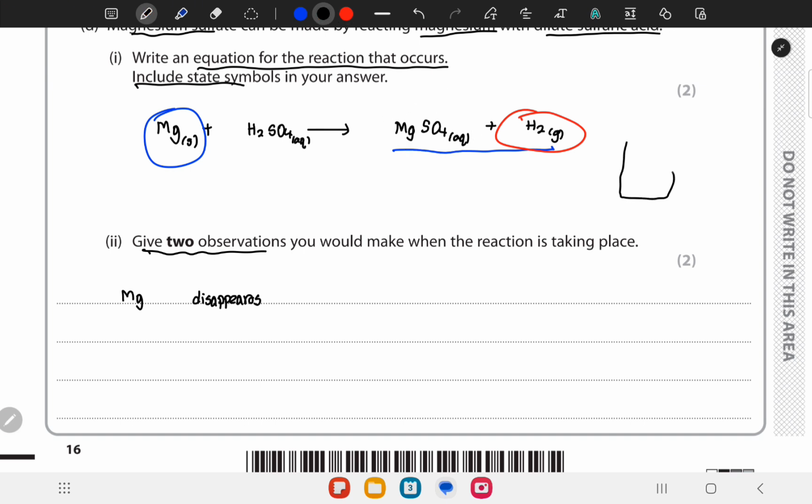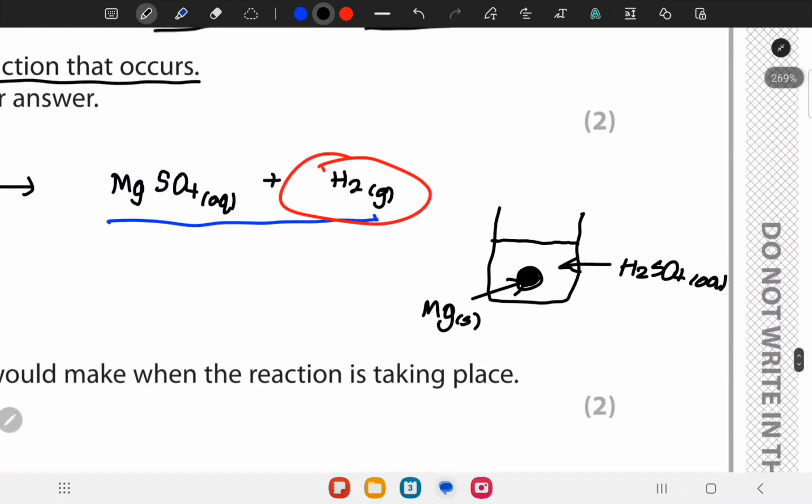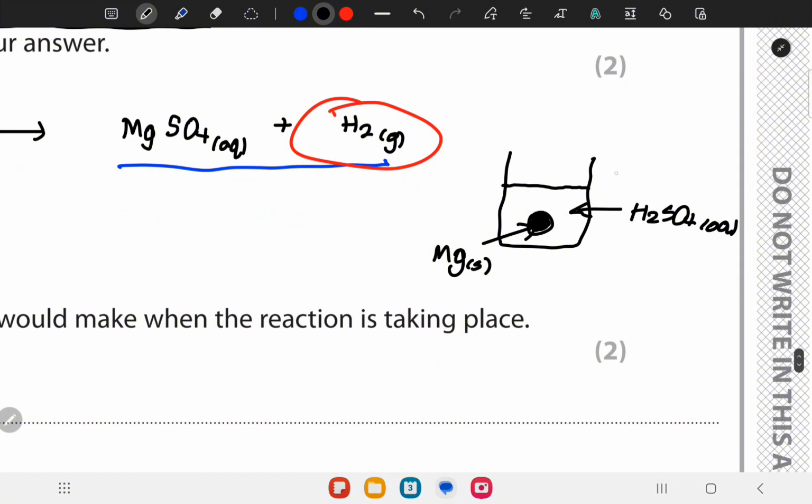So the reaction is taking place inside a beaker. This is H2SO4 aqueous, and you put the magnesium over here, whatever you want to test. You can react a magnesium foil or a magnesium ball. So this is the magnesium solid we will be reacting.